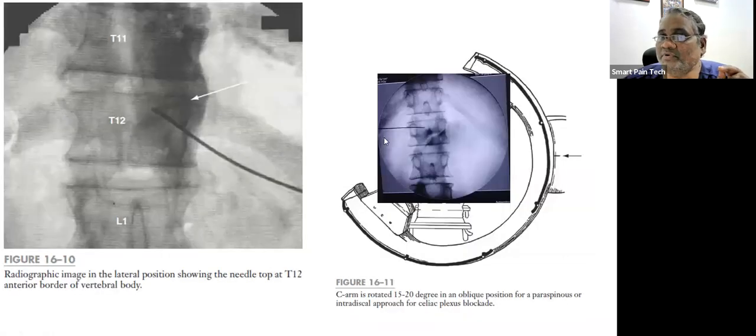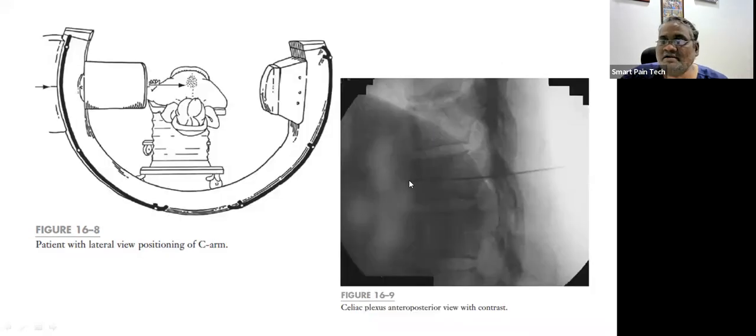So what we do in an AP view, we go till it crosses the medial plate of the pedicle. But it should not cross the midline of the spinous process. So between these two it will stay, that is the ideal end point. For the lateral view, it doesn't matter if it stays here or here. Okay? Clear?